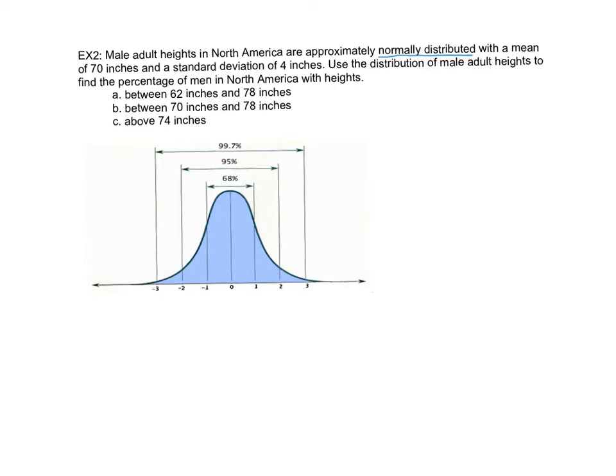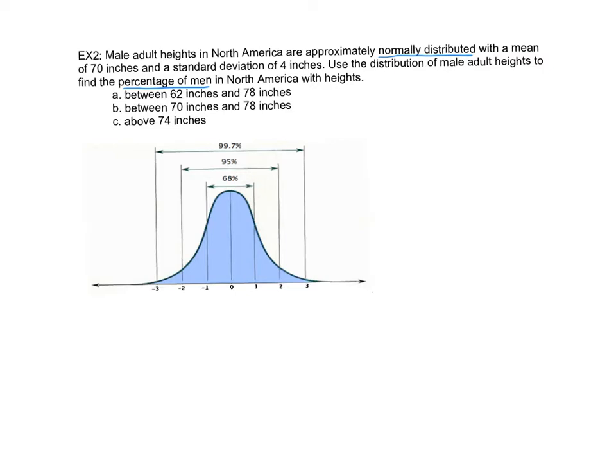We're going to use the distribution of male adult heights to find the percentage of men in North America with heights, part A, between 62 inches and 78 inches, part B, between 70 inches and 78 inches, and then part C, above 74 inches.